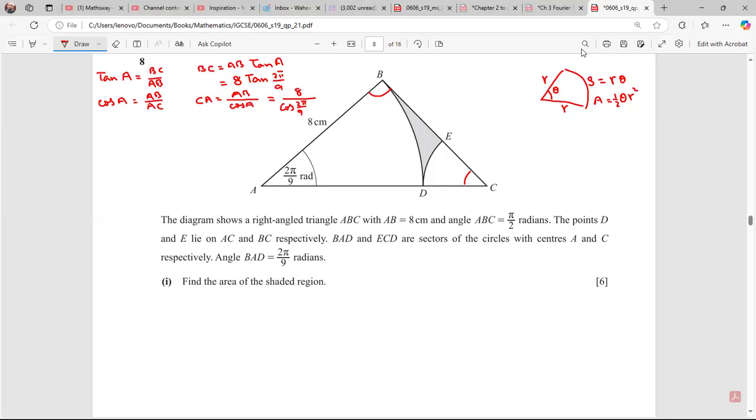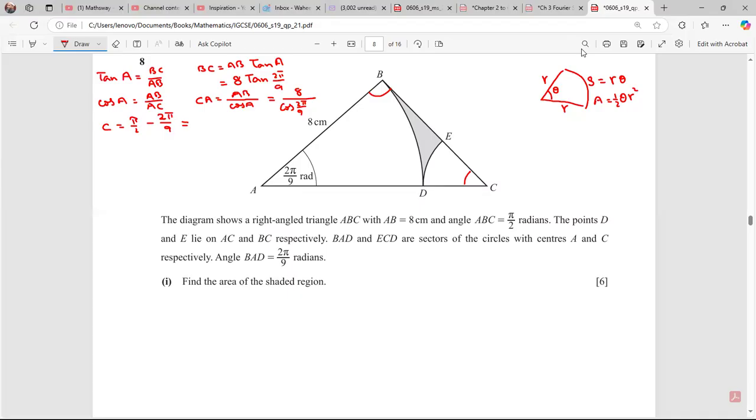Okay, and the angle C is pi by 2 minus 2 pi by 9, and it will give us 5 pi by 18, I believe. Let me confirm. I did it before.